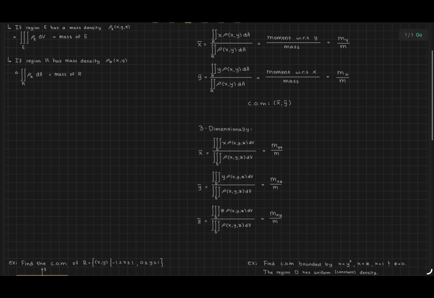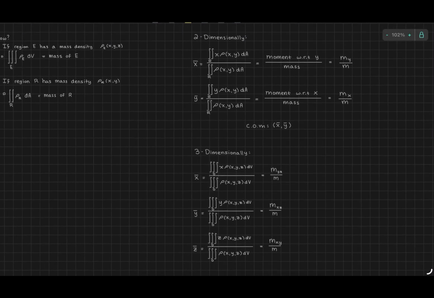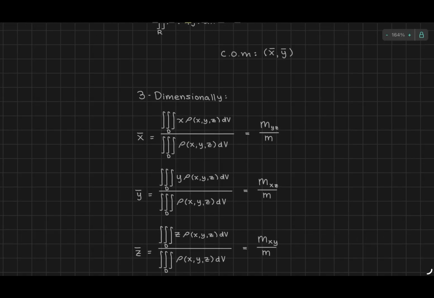And three-dimensionally, finally, we're going to have a z component now, wherein we take the moment over all of our pieces, right? So in our x portion, I suppose you could say we're going to be taking the triple iterated integral of x multiplied by that mass density over the total mass.